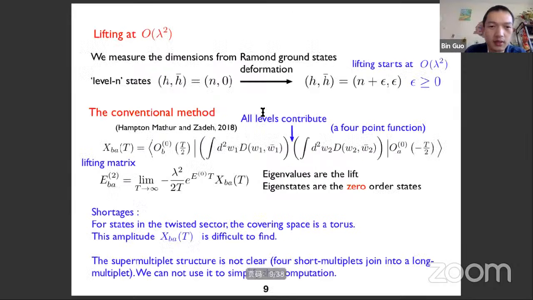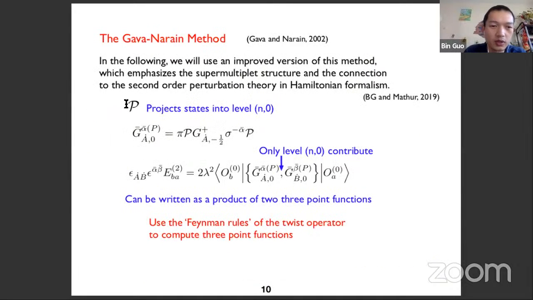So we look at the subspace N0, and the projection is onto that space only. And we define the operator G_P with the projection operator in this form. We have projections here. Then the lifting matrix can be written in the following form.